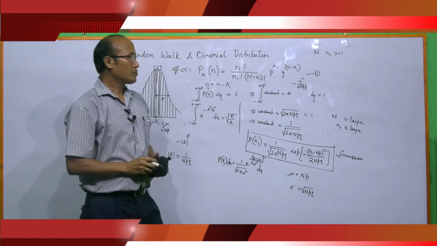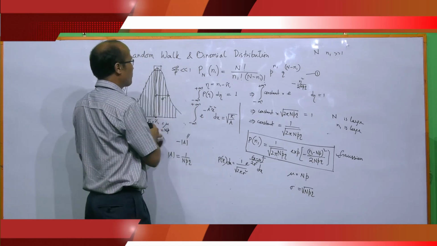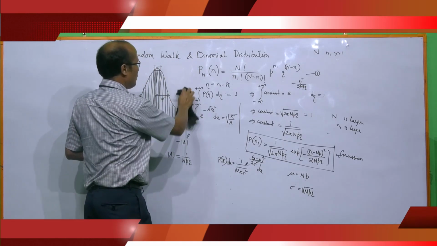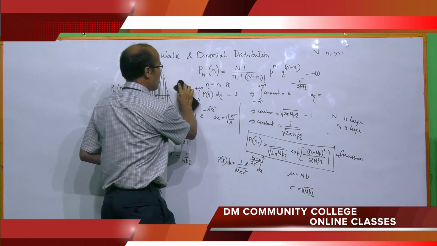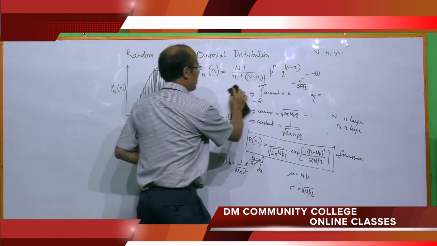Next, let us consider the case when this binomial distribution reduces to the Poisson distribution.